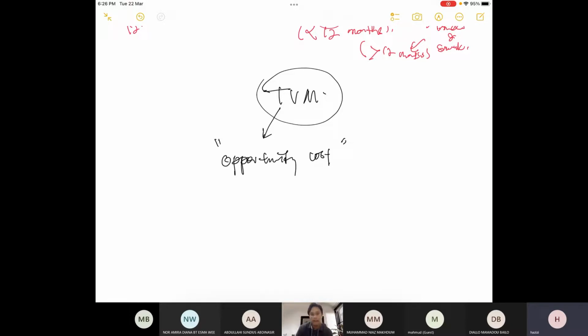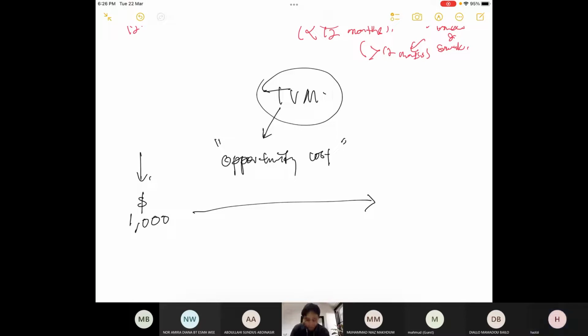Let's say I have an amount of money of 1,000. Somebody approached me and asked if they could take it, because I don't need to use this money at the moment. This is basically my disposable income, so I have enough to cover my expenses and everything, and I have 1,000 left for the month.